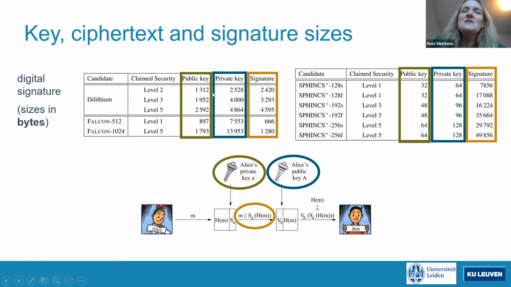The key sizes are much larger for Dilithium and Falcon than what we are used to in traditional public key crypto. And then these key sizes are actually acceptable for SPHINCS, but then the signature size here is much larger. So it's kind of a trade-off. But as you can see, key, ciphertext and signature sizes are much larger than what we are used to in traditional public key crypto.